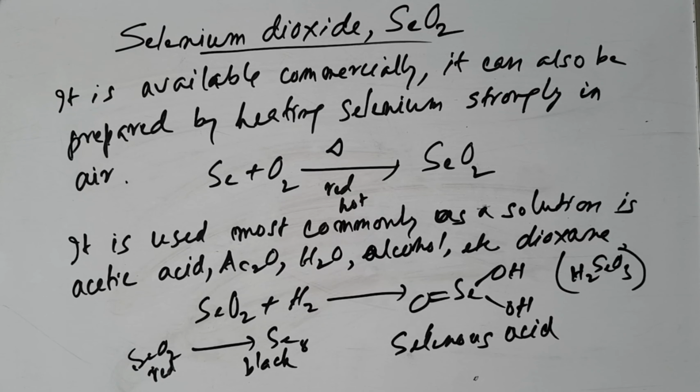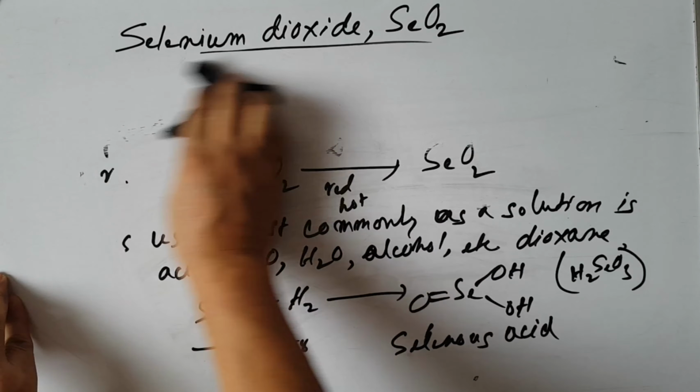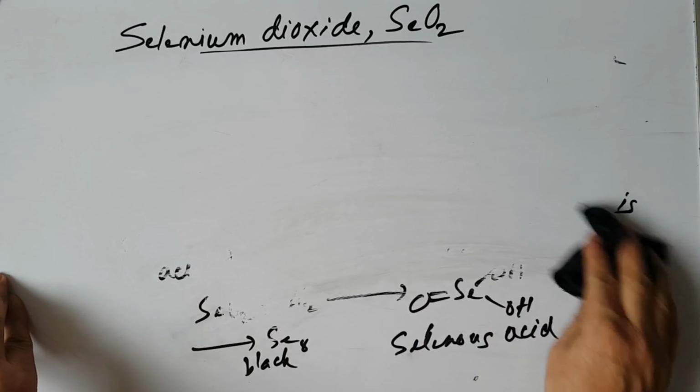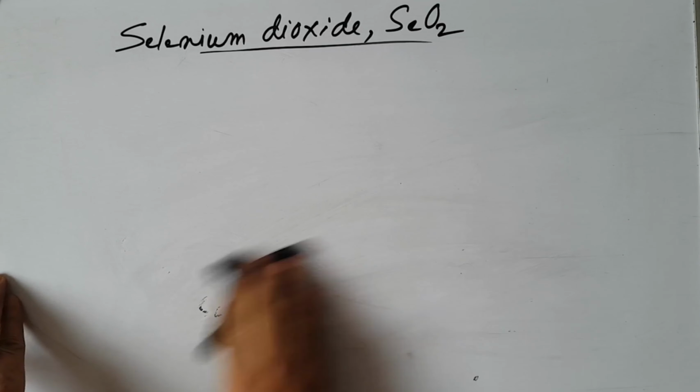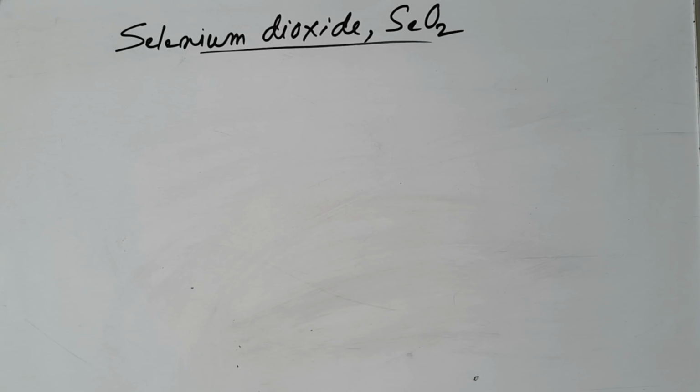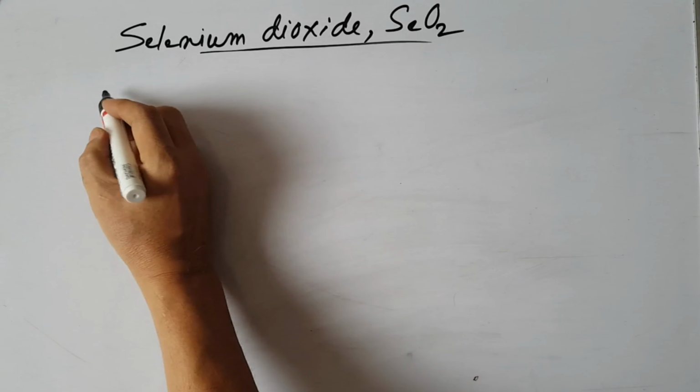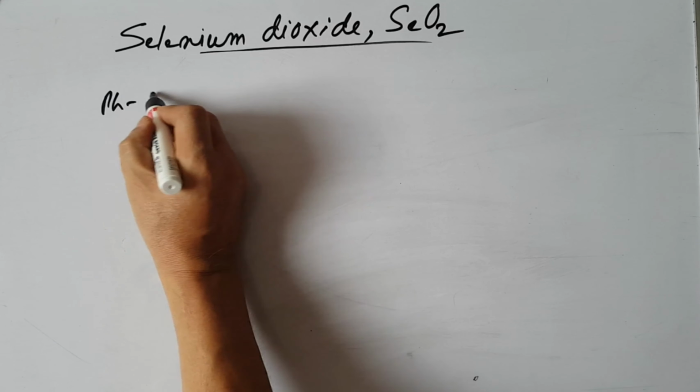So let's see how the reaction takes place. I'm giving some examples of oxidation of reactive methylene groups by selenium dioxide. For example, acetophenone.